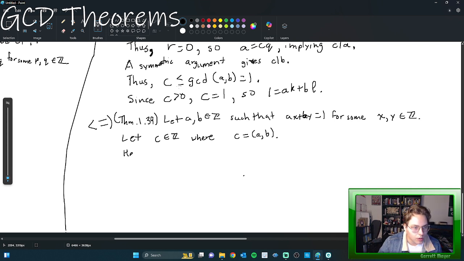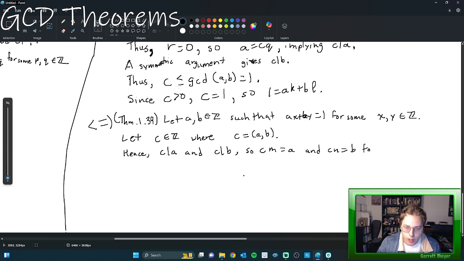Hence, C divides A and C divides B. So Cm equals A and Cn equals B for some m, n that are integers. Okay?